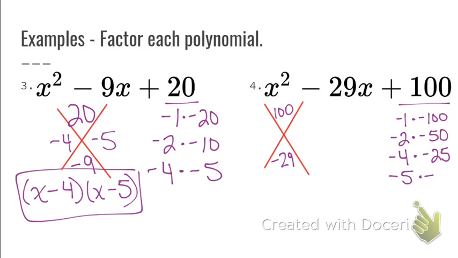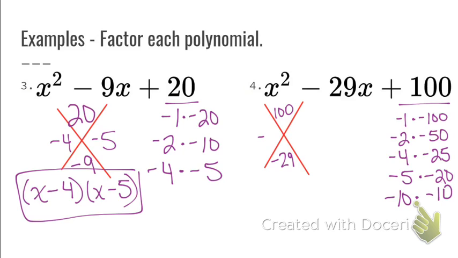Five would work. 6 will not. 7 will not. 8 will not. 9 won't. 10 would. Okay, so we've got our whole list for 100, assuming both factors are negative. Which one of those adds up to negative 29?